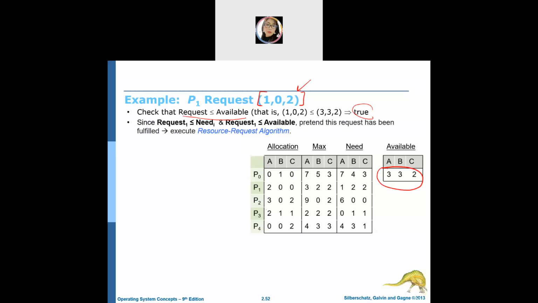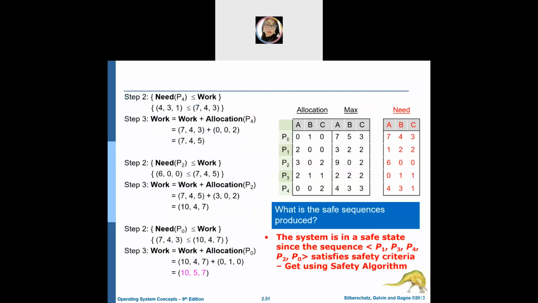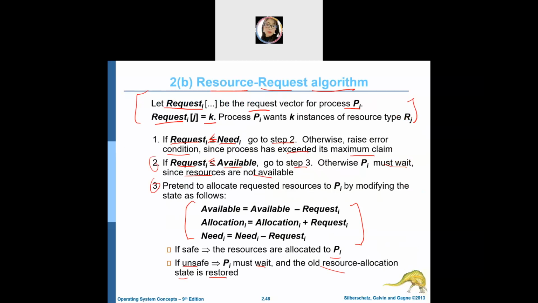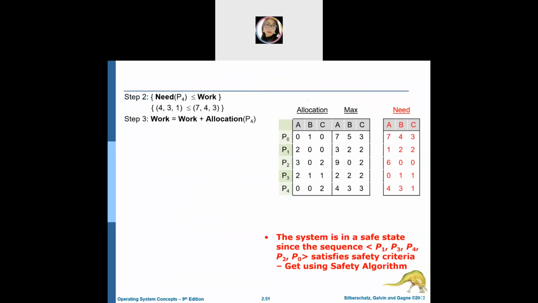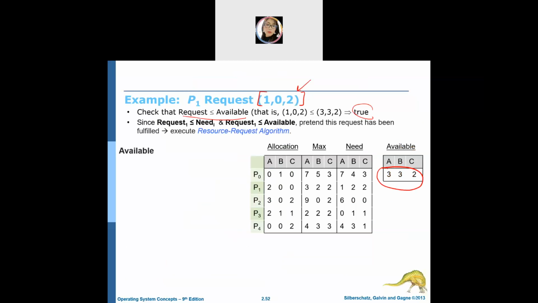So it is met, then you can proceed to the first step. You're going to do these three things. Just now we saw the equations. You need to find the new available, allocation, and need.